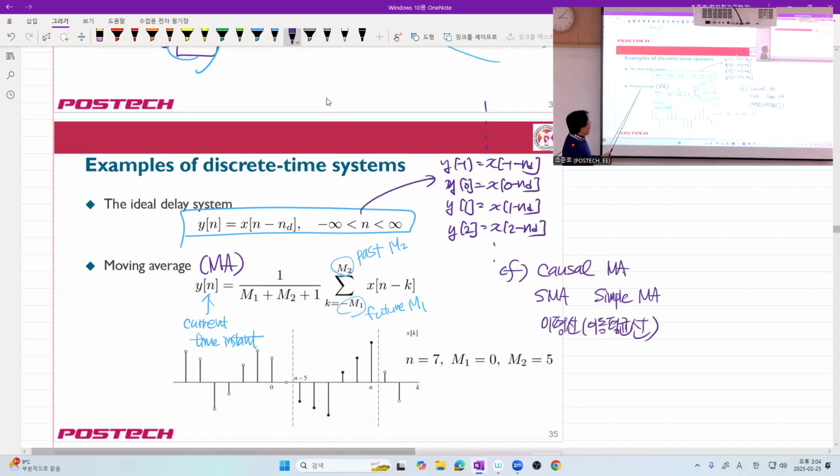By the way, moving average is abbreviated by MA. So after you take this course, you will see something like this: ARMA, ARIMA. Okay. And whenever you see this, this MA means moving average. Got it? And also, when you do stock market investing, you will see something like this, SMA.